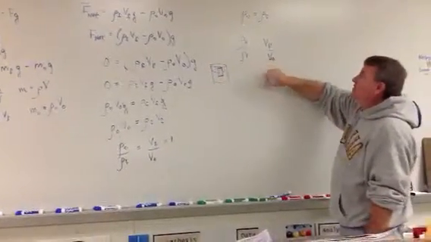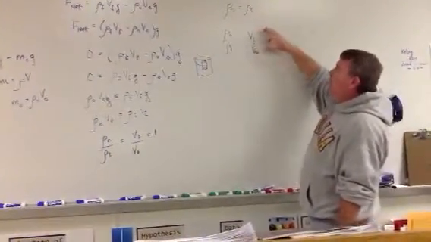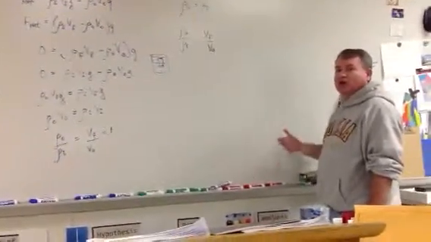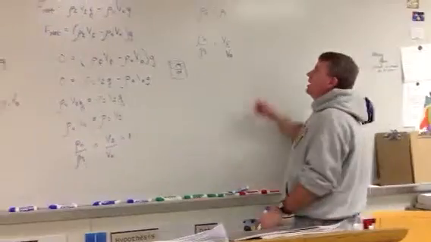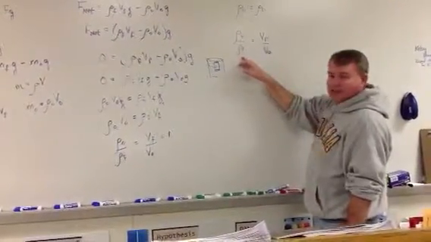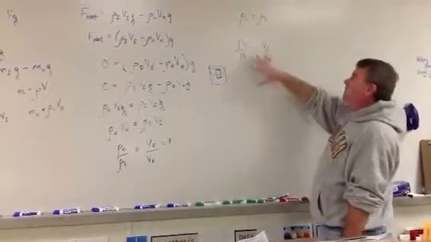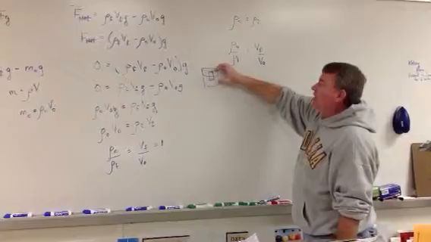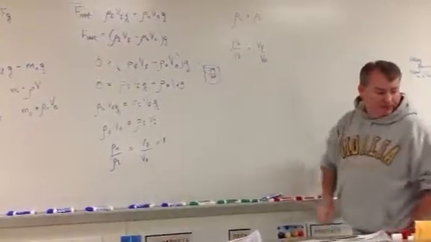Now, what this means is that the volume of the displaced fluid is going to be less than the volume of the object. And the density of the fluid is going to be greater than the density of the object. So we can make a comparison using what's left of this equation for where this object is located inside of the fluid.